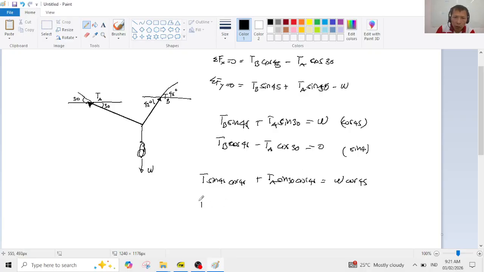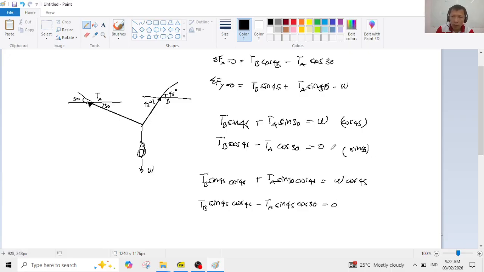This second one is TB sine 45 cosine 45 minus TA sine 45 cosine 30 is equal to 0.